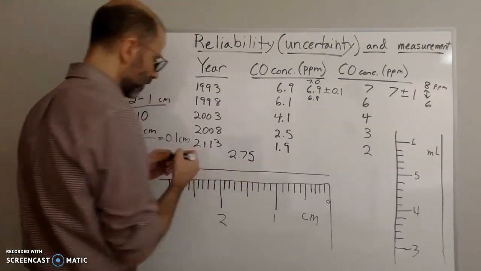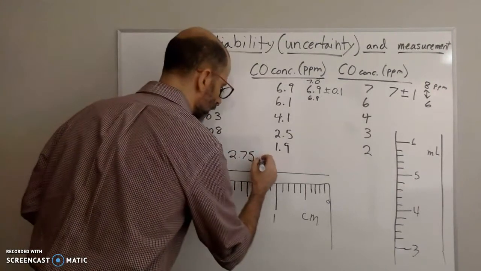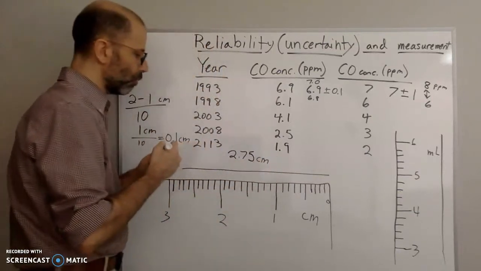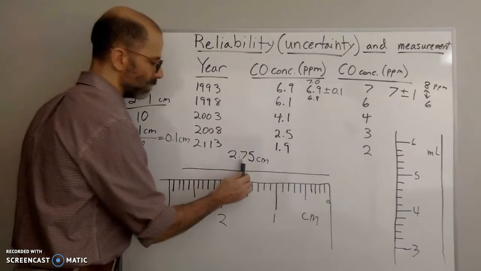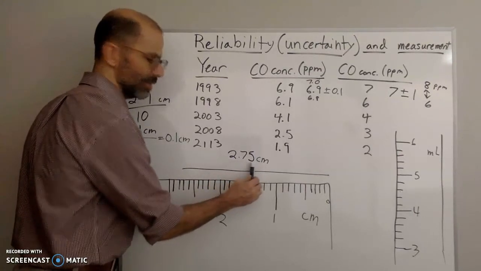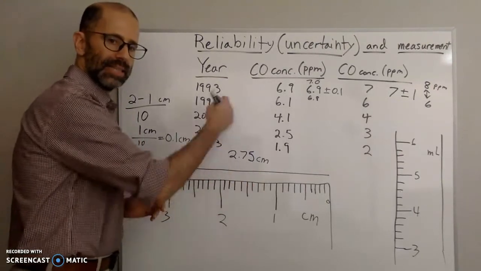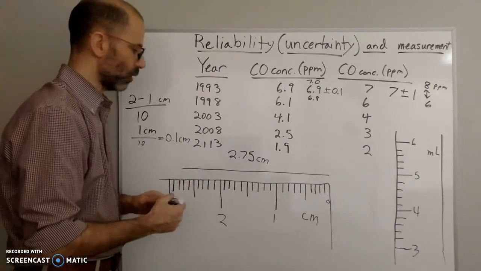So this would be all I'm allowed to report. I'm not allowed to report anything else except what I am certain of, and the last digit is my estimate. And I stop there. I'm not allowed to go anywhere else.